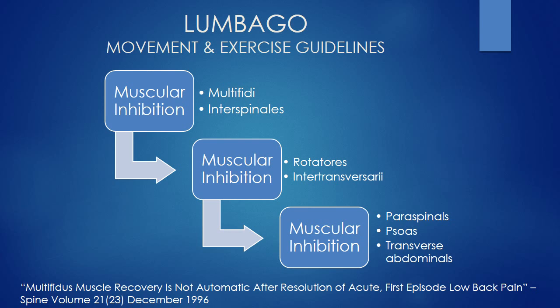And then from there, these fasciculi of muscle and tendinous structures known as the multifidus muscle progress upward into the lumbar spine, and in the lumbar spine, the multifidi originate from the mammillary processes of each of the lumbar spine vertebrae. Now, the multifidus muscle is both uni and multi-segmental.